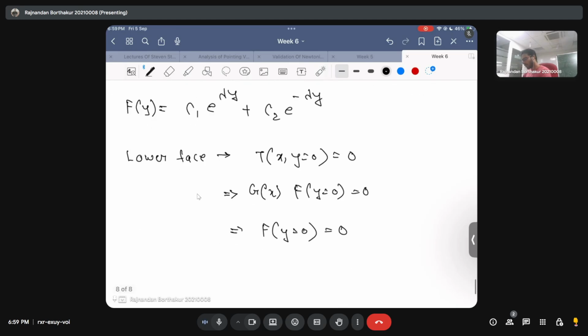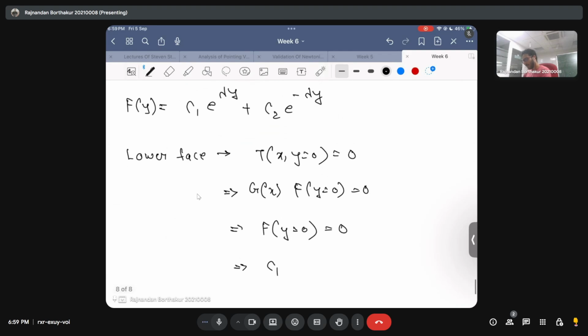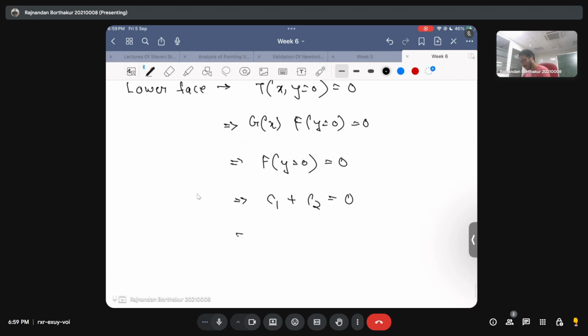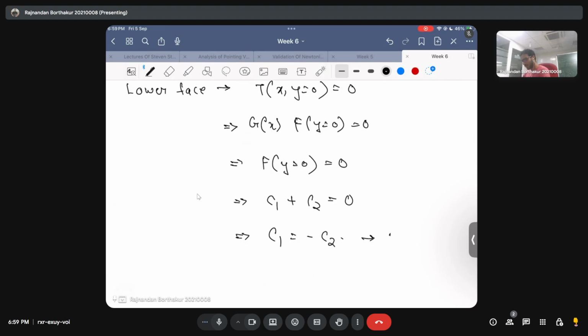And we know the solution for this, right? So at y equal to 0, this becomes C1 plus C2 equal to 0, which means that C1 is equal to minus C2. Maybe I can call this 5a.